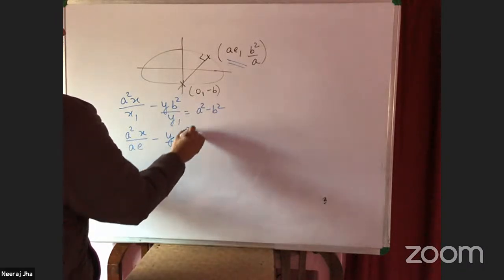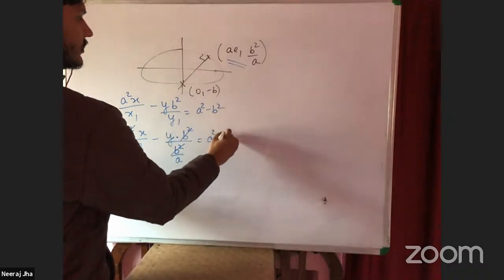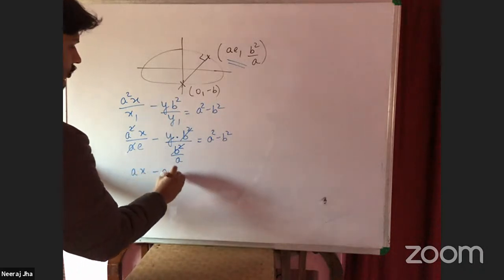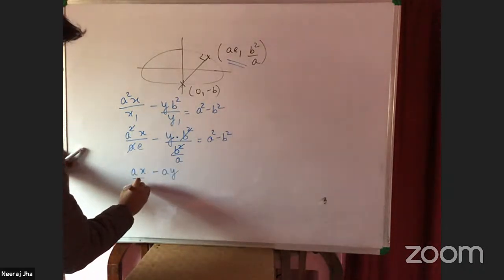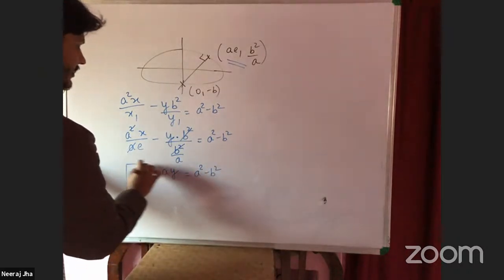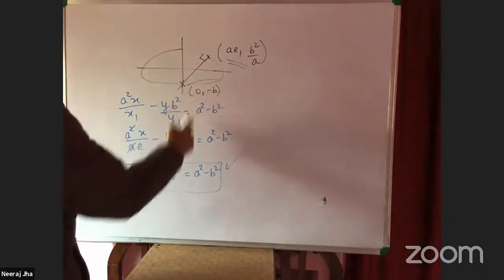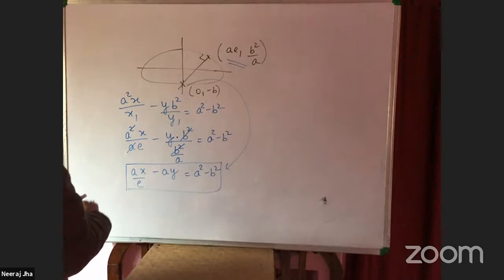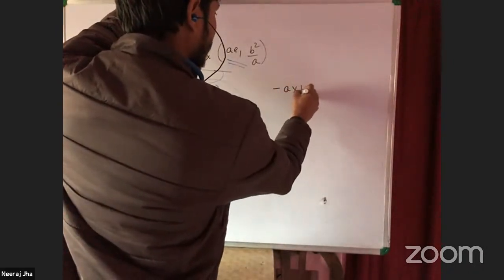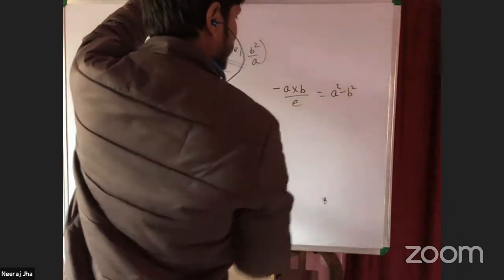So this is cancelled, this is cancelled, is equal to a square minus b square. Hence I will be getting a into x upon e minus a into y upon e... is equal to a square minus b square. Now this is the normal which is passing through 0 comma minus b. On putting 0 comma minus b in this, we will be getting minus of a into b upon e is equal to a square minus b square.